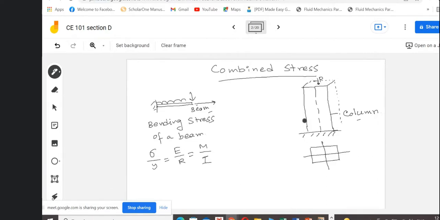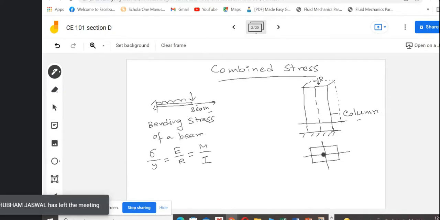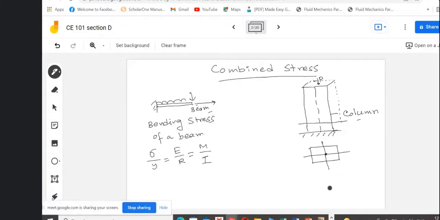If we cut a section over here horizontally and look at the section of this column, this load is acting at the very center of the column. And due to this load acting at the center of the column section, the stress generated due to this direct load will be nothing but a uniform stress.